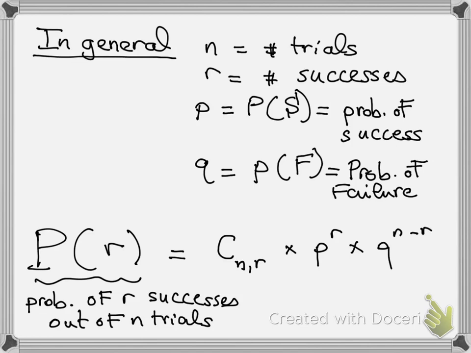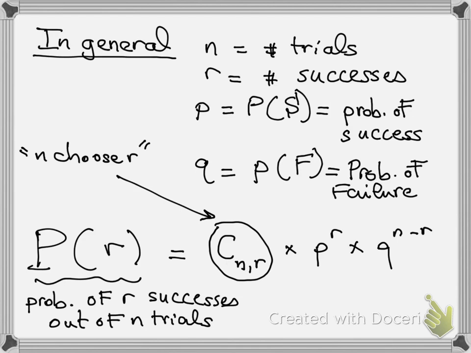Okay, now first, what's this C index n r? That's the symbol for n choose r. So n choose r is the number of ways to choose r objects from n, where order doesn't matter.